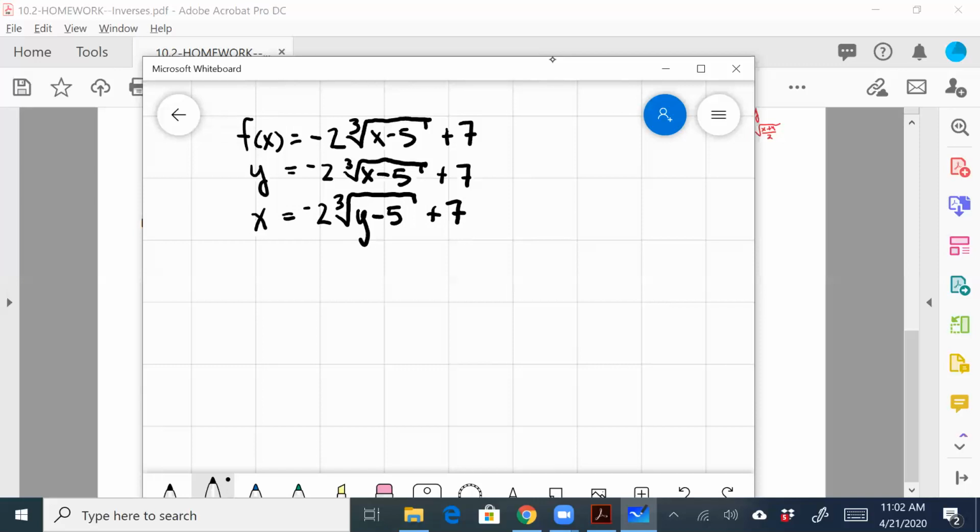X minus 7 equals -2 cube root y minus 5. And then I've already subtracted 7, so there's no 7 there anymore. And divide by -2 on both sides.